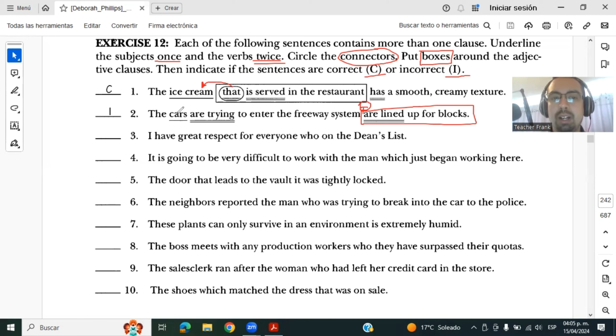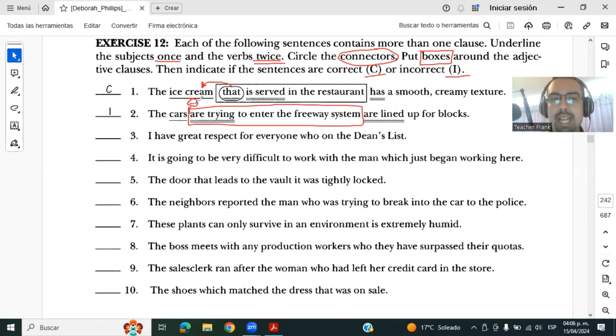It's going to be the cars, the original sentence, see, and this is where it could get complicated. That's not going to be my adjective clause, right? It's going to be this one because the original sentence, so this one is for the subject. So this one is supposed to be the cars are lined up for blocks. So now it's when I would need my connector subject right here.